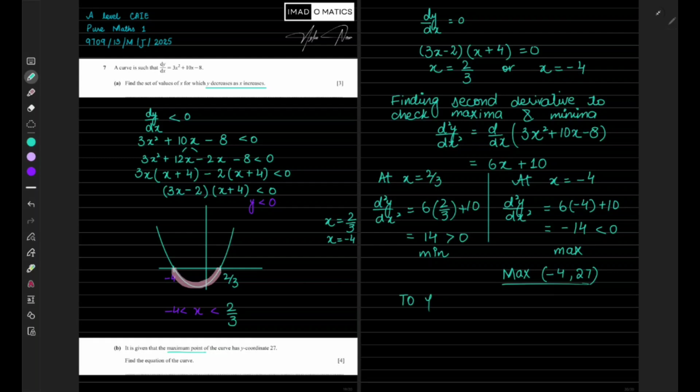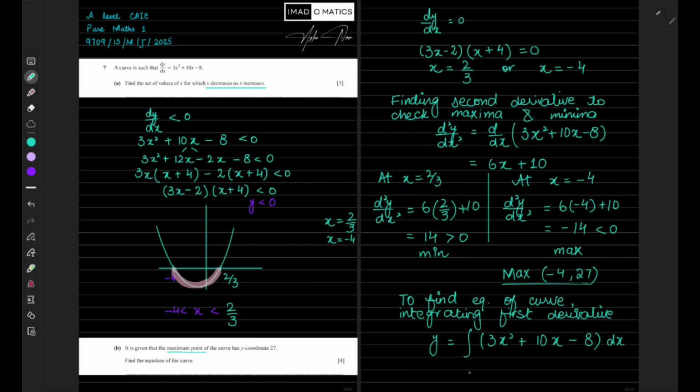To find the equation of the curve, integrating the first derivative, y will be equal to the integral of 3x squared plus 10x minus 8, equals 3x cubed over 3 plus 10x squared over 2 minus 8x plus c.